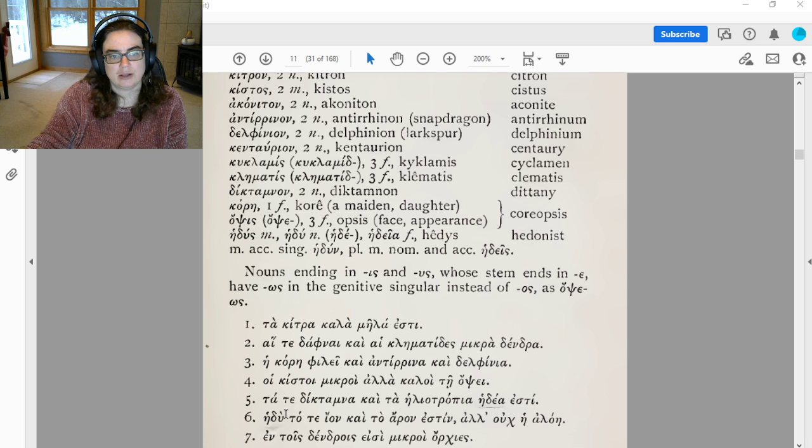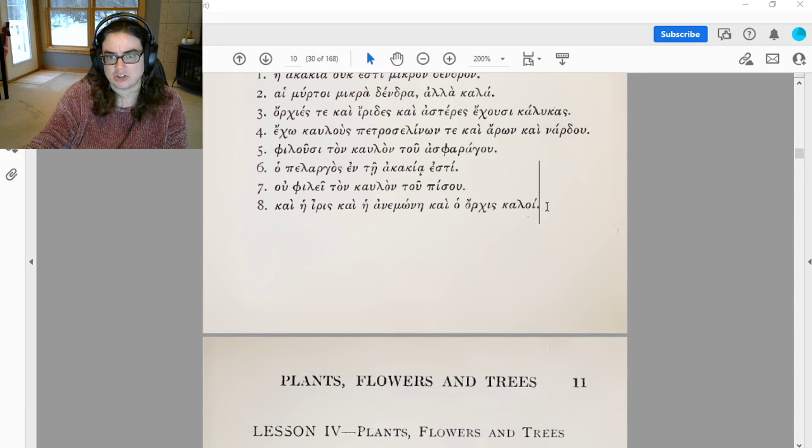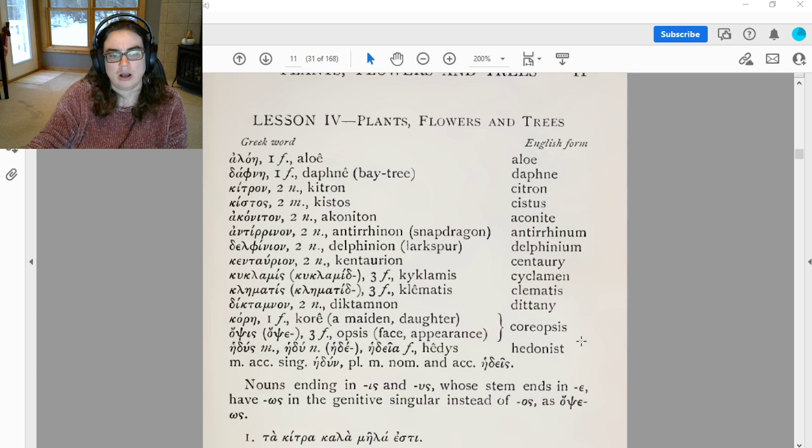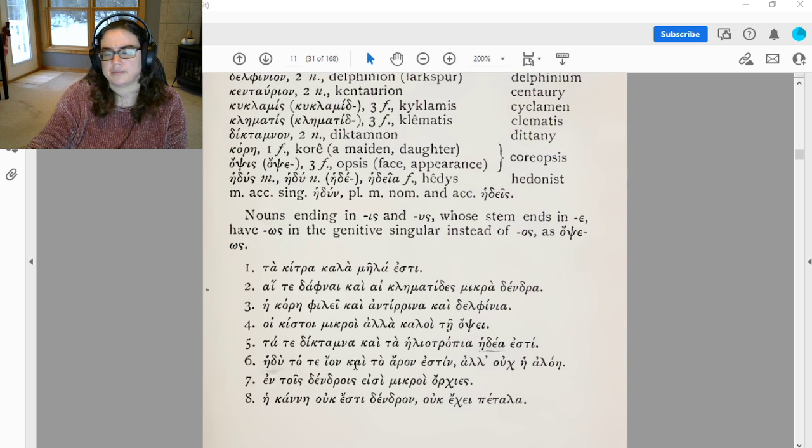Now you might say hedu is singular, but it's going with two nouns. And didn't we just say that in this one the gender changed, but it was still plural? But these are neuter words.